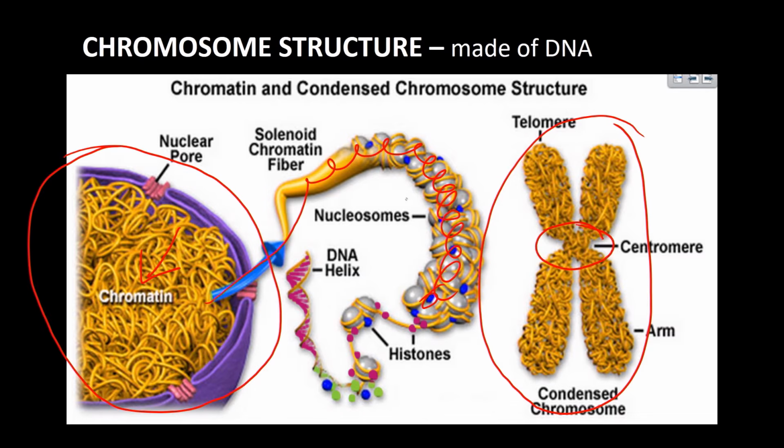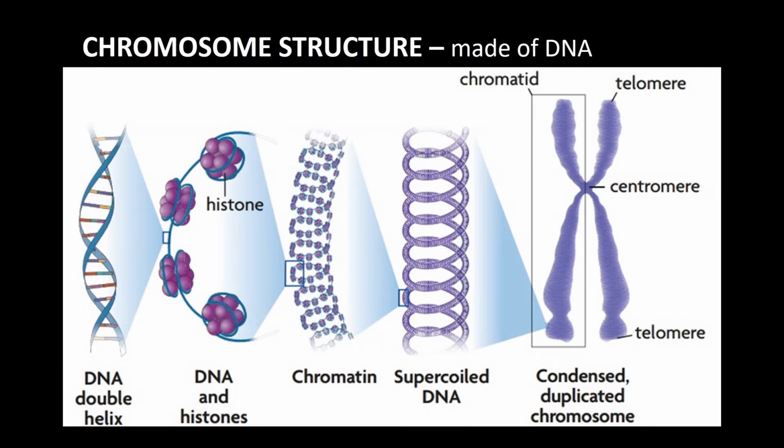Now, you should know that each chromosome consists of 2 chromatids joined by a centromere. Okay, so let's have another look at how this happens. We go from the very thin double helix, wrapped around proteins, that gets wrapped a bit more, that gets wrapped a bit more, and it's basically like taking wool or string and rolling it up into a ball, so it's less likely to get tangled.